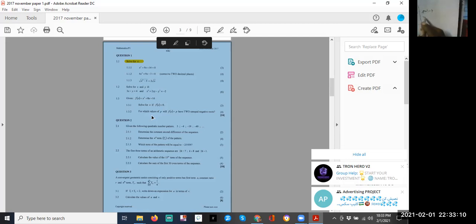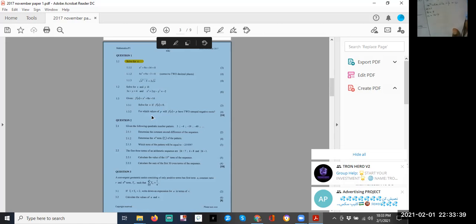It's x squared plus 8x, then plus 16 minus P. You take this to the other side, then it must be equal to 0. Then you group them. Your A is equal to 1, your B is equal to 8, and your C is equal to the whole thing that is independent of x. That is 16 minus P.